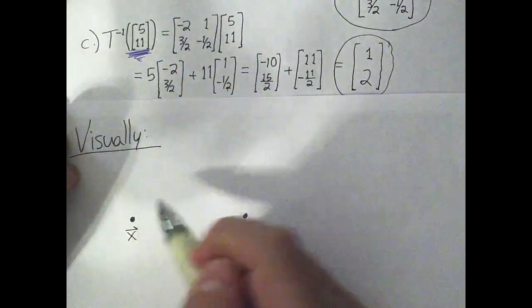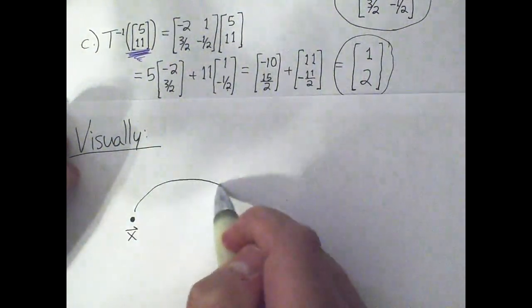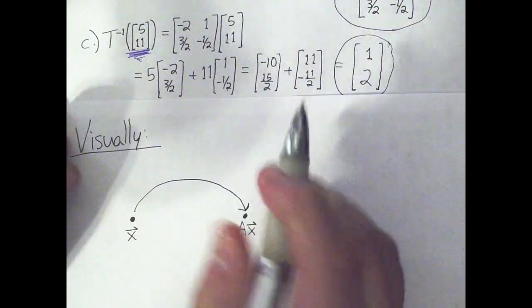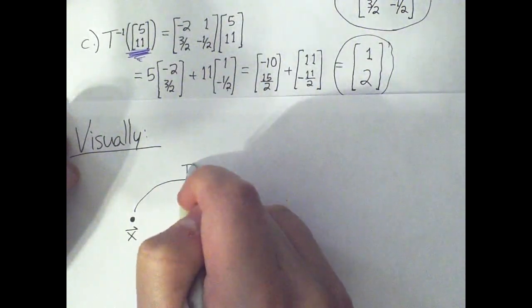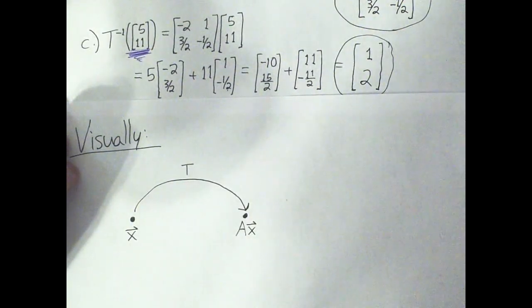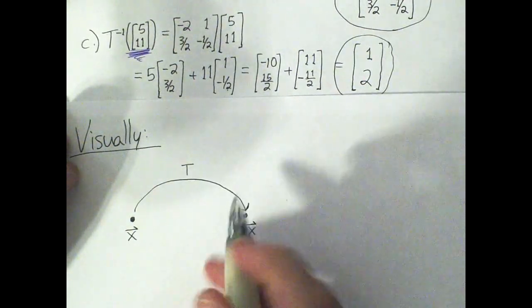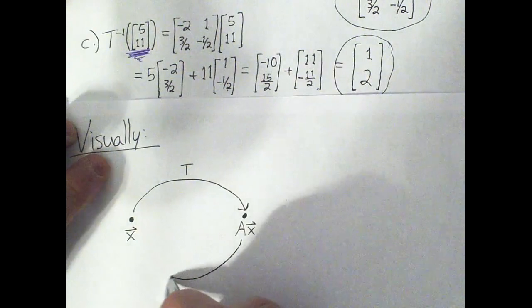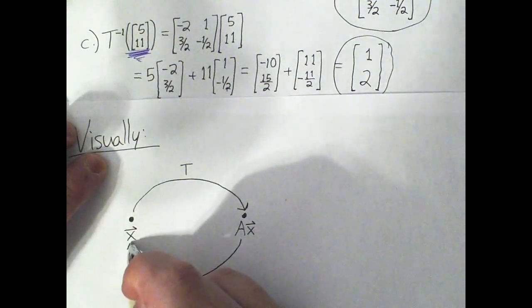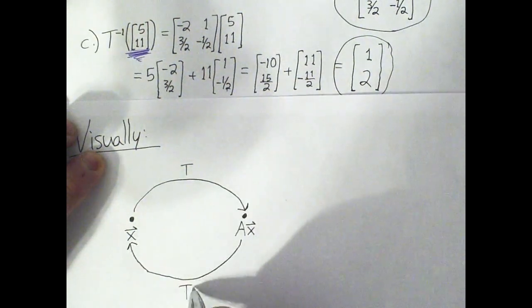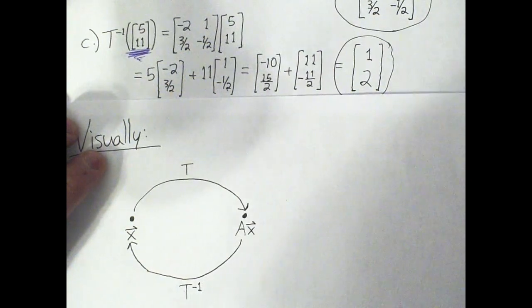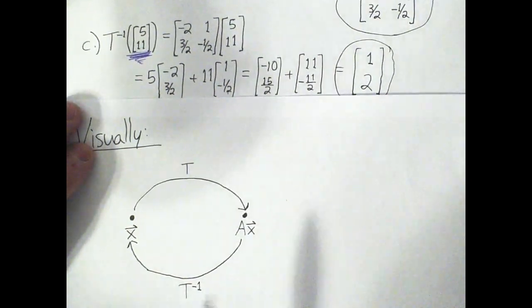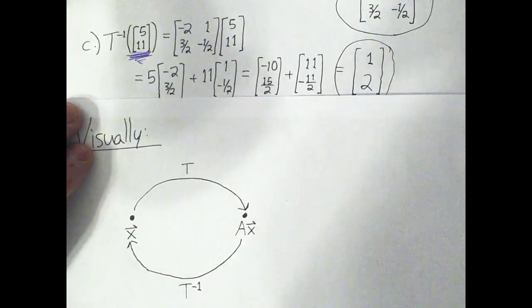Well, the linear transformation T. And the thing that I'm trying to show you now is that T inverse does this. T inverse gets you back to where you started.